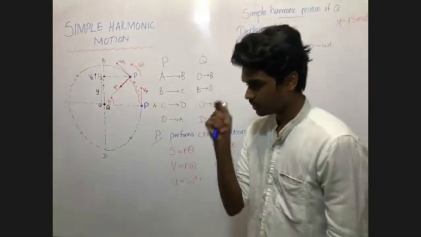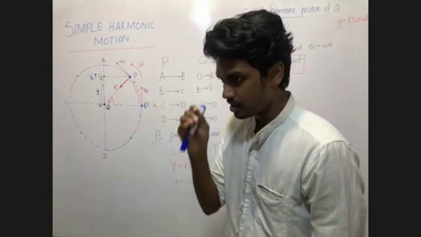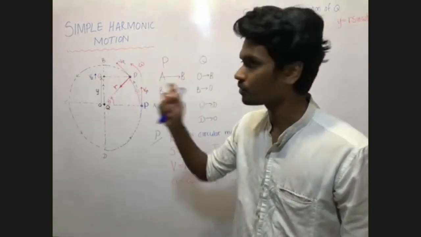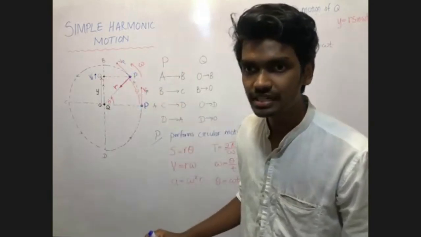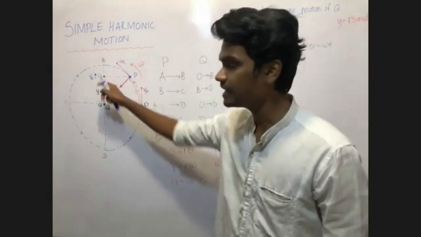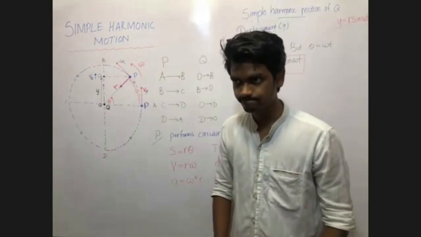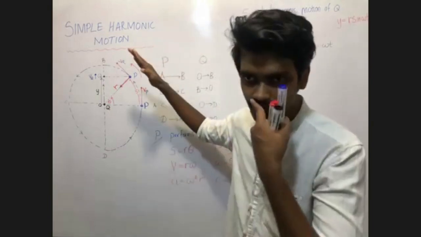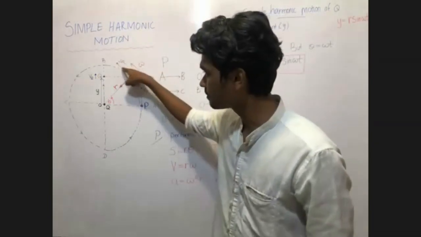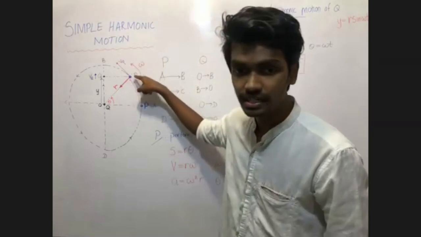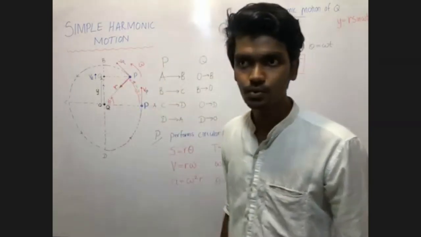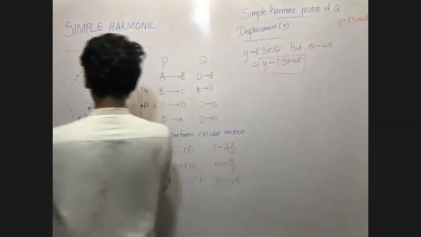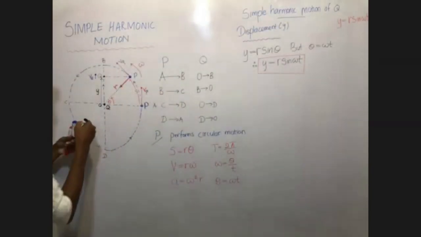So now what you need to see is what factor of p's velocity is affecting q. Okay, vp, if this is theta, this is theta.